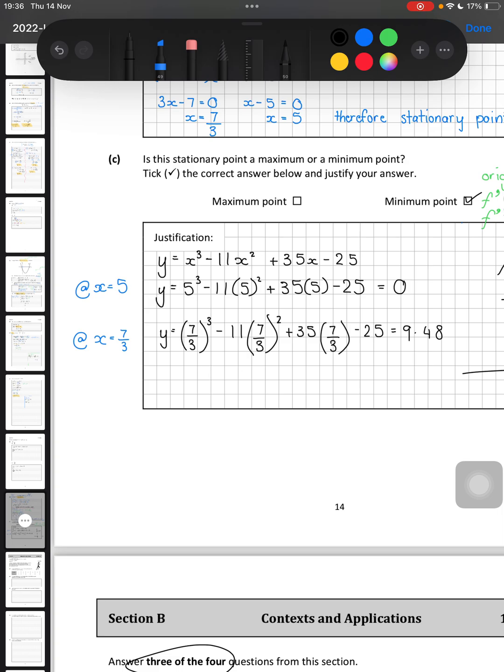X equals 5 has a lower y coordinate than the other stationary point, or turning point.